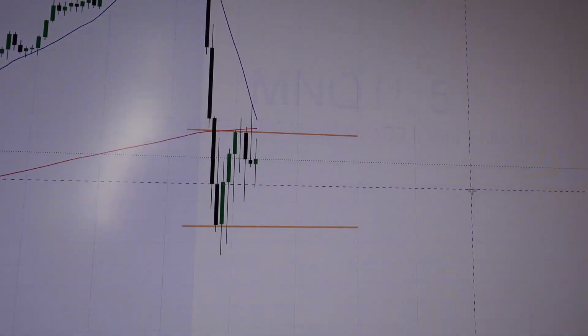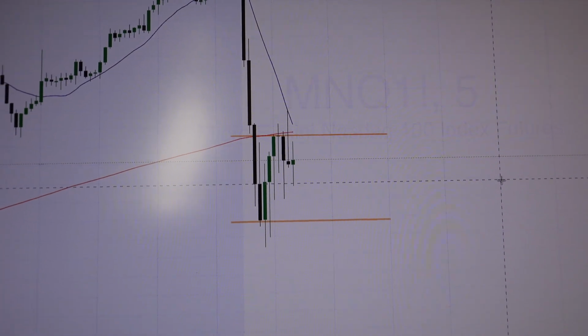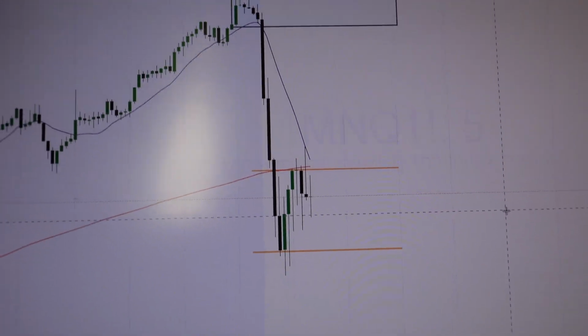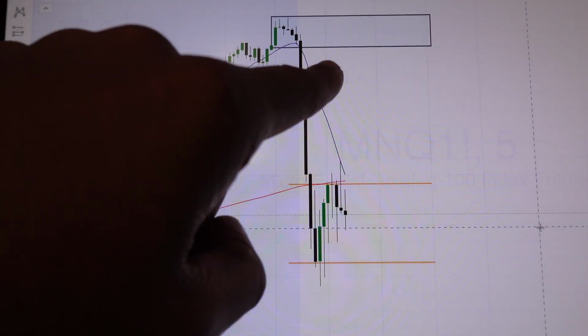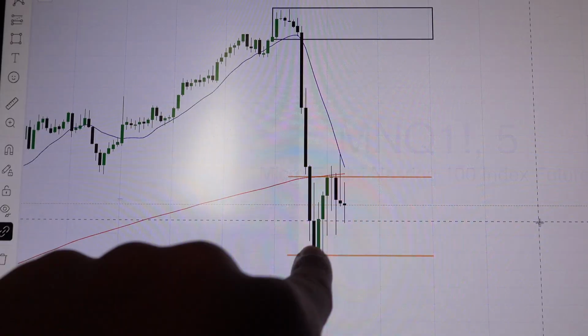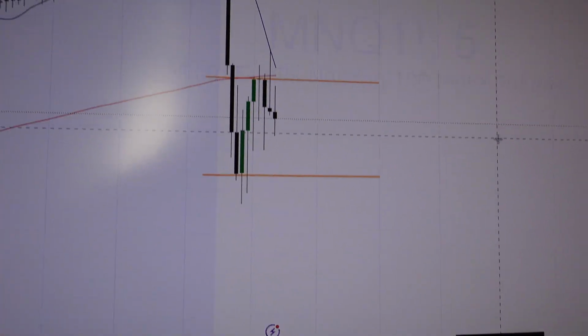All right, maybe for you it worked. For me, it didn't work. So to have a clear edge in my strategy, that's why I've traded supply and demand for a while now. Supply and demand boxes are on the bottom going up. I'll make a video about that showing you what it is.